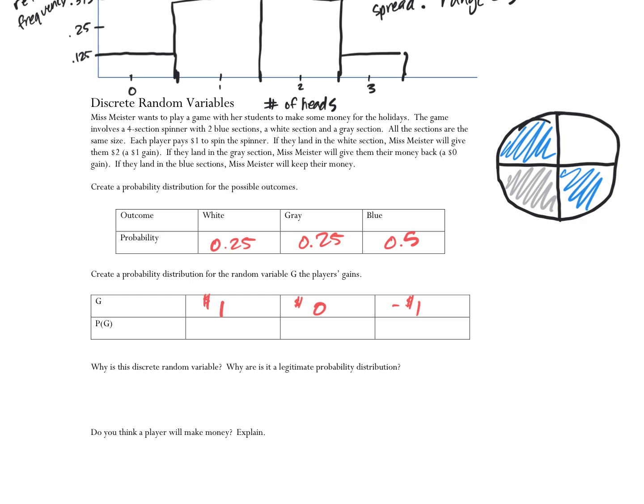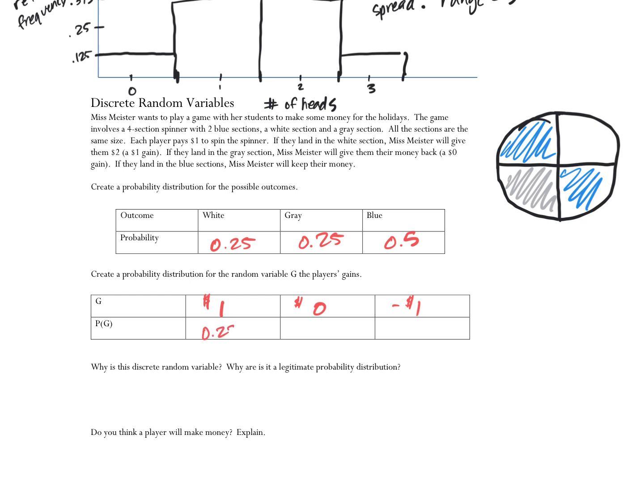Now, if your gain is $1 when you land in white, what is the probability that you walk away from the game $1 richer? If it lands in white, that's when you walk out with $1. So what's the probability that you walk out with $1? 0.25. You have to land in the white, yeah?